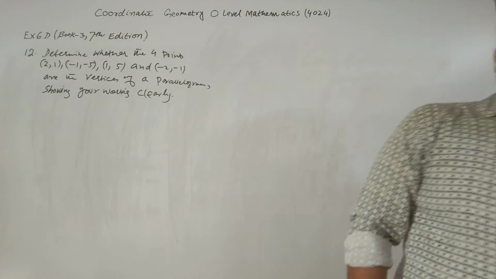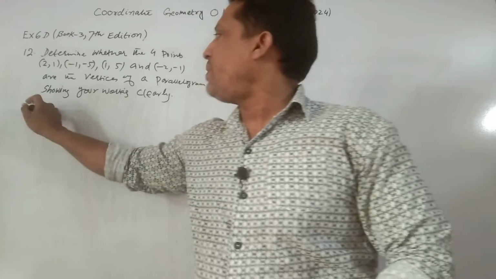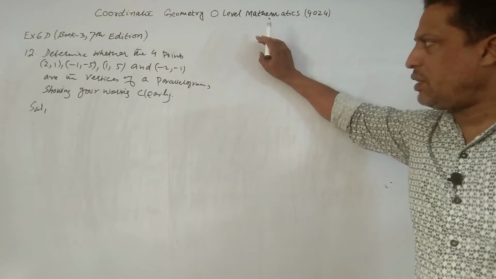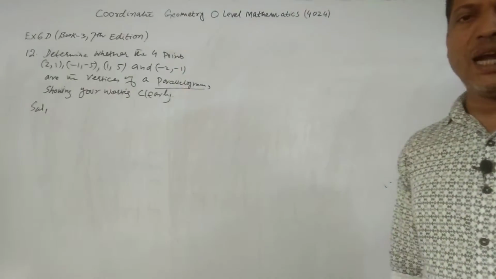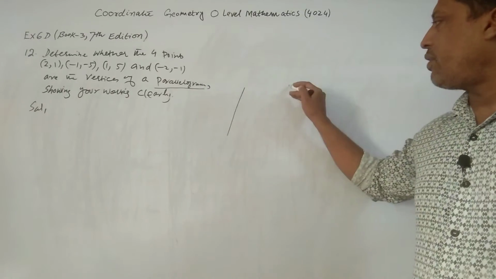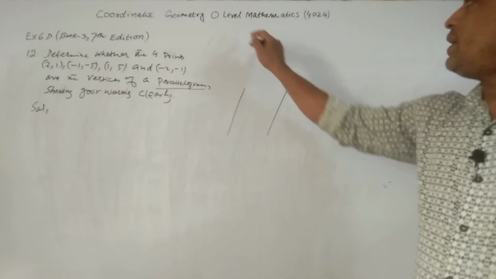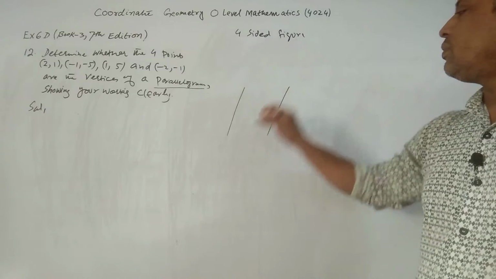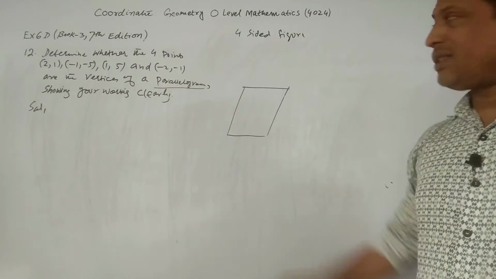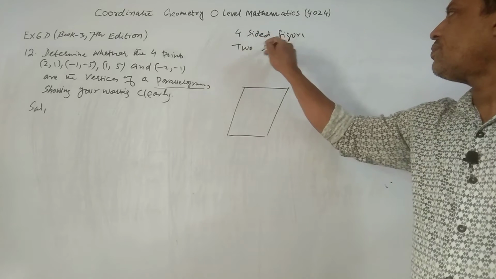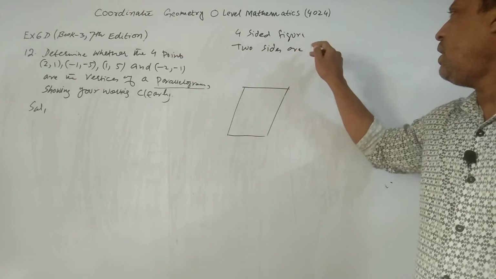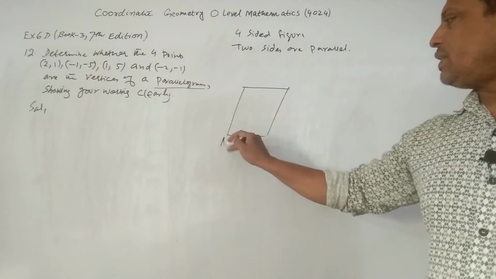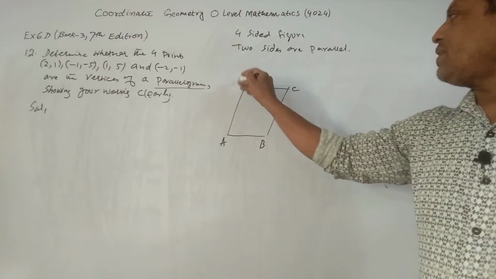Students, first we must know the diagram which is discussed in this question. The name of the diagram is parallelogram. What is a parallelogram? A parallelogram is a four-sided figure in which two sides are parallel. Suppose that this is a parallelogram ABCD.